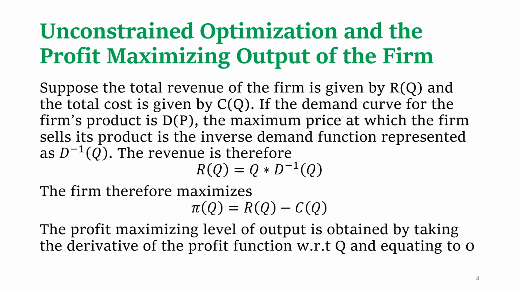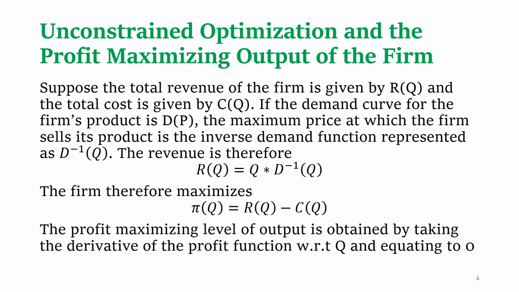As I said earlier, there are two conditions for profit maximization. You have one, the necessary condition, which is the first order derivative, d pi dq, equals 0. And then the second order derivative, d square pi dq square, is less than 0.